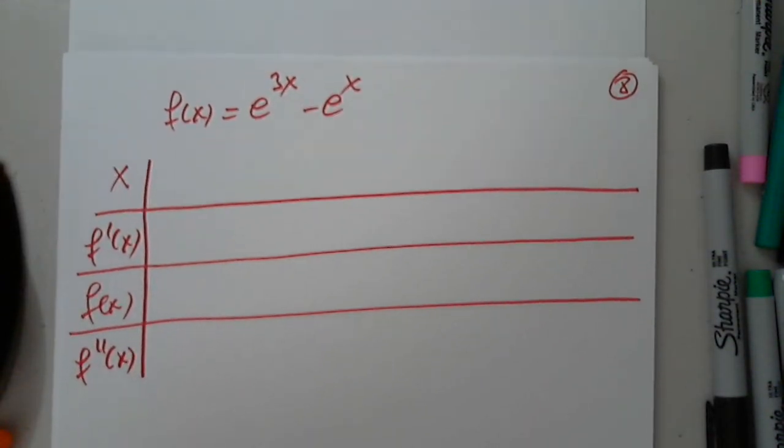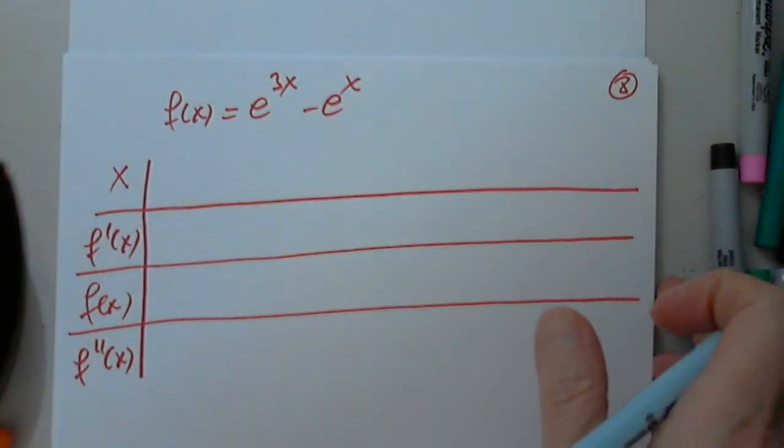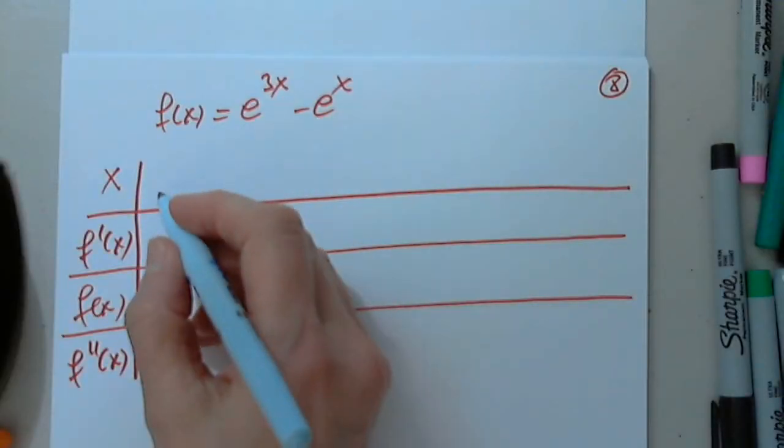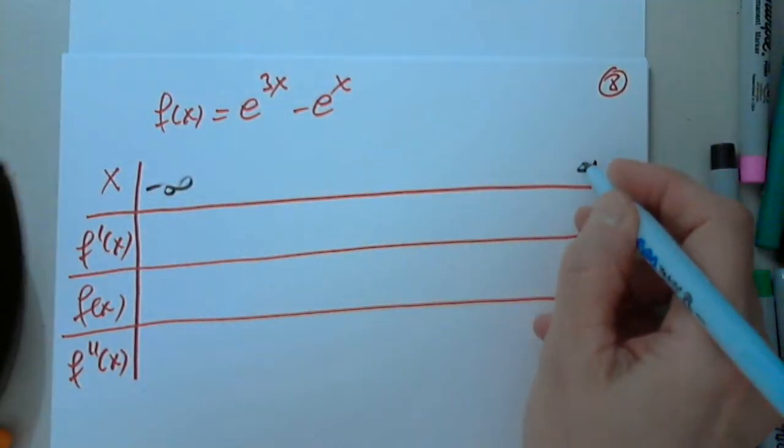Okay. Can anyone give us the domain of this function? That's our first step. A difference of exponentials. What could the domain be? Negative infinity to positive infinity. Thank you very much.